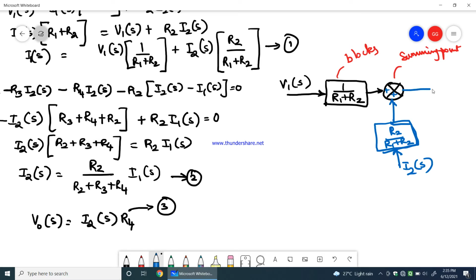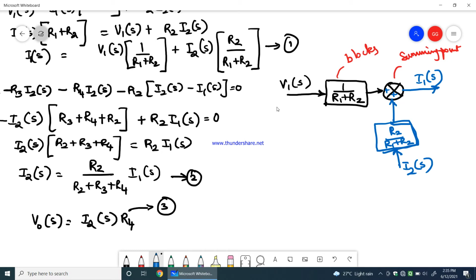Now the output of the summing point will definitely be I1 of S. So this is the block diagram. I1 of S equals V1 of S into 1 over R1 plus R2, added with I2 of S into R2 by R1 plus R2.